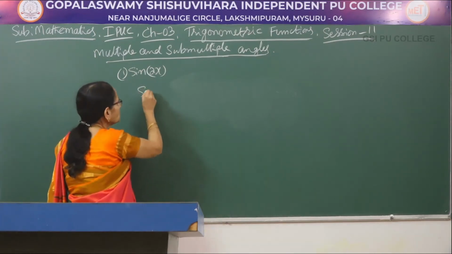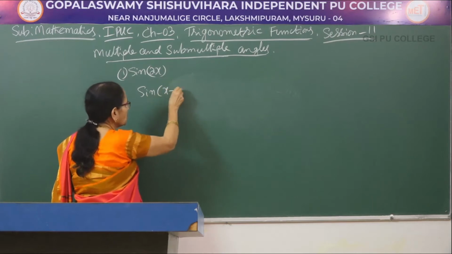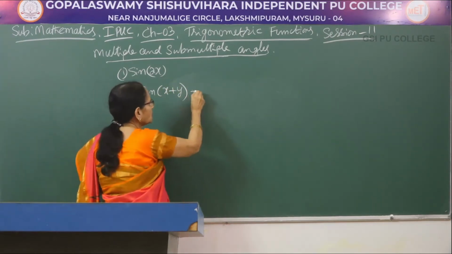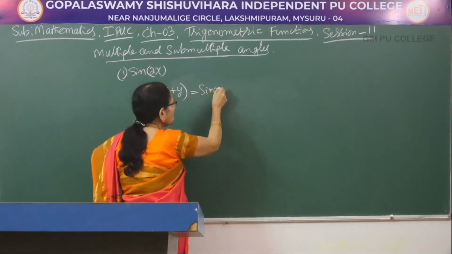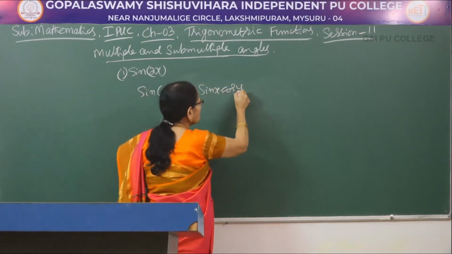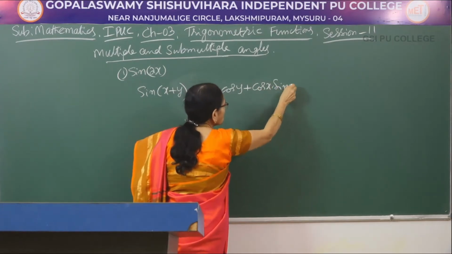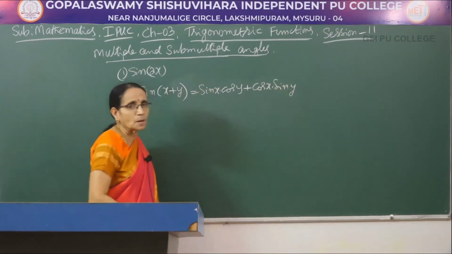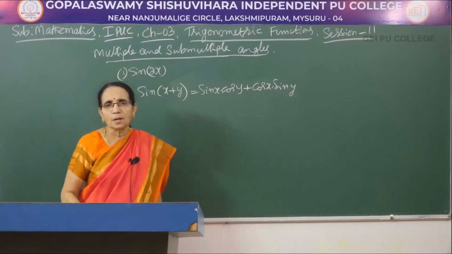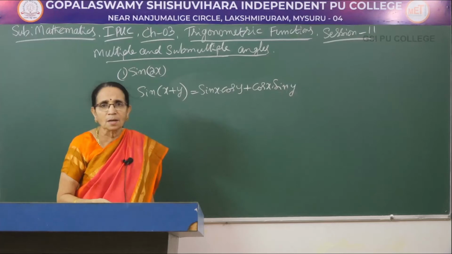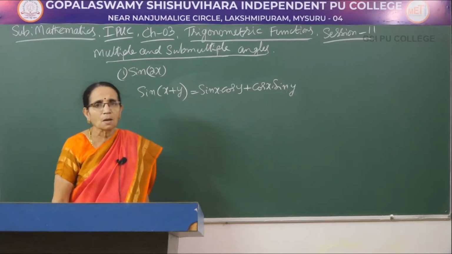Now, we know this compound angle formula, sine of x plus y. What is the expansion here? It is sine x into cos y plus cos x into sine y. Now, when I derived this one, I had not given any particular value for x and y. The x may be more than y, y may be more than x, they may be equal to each other also.